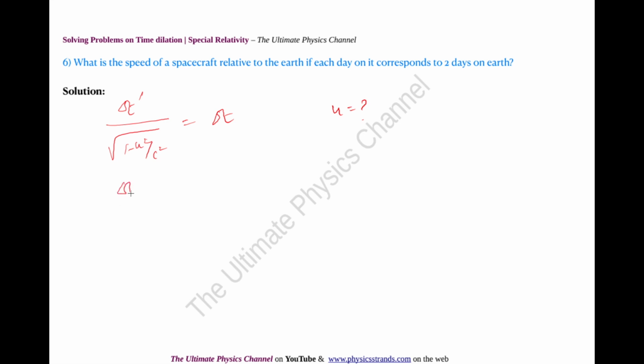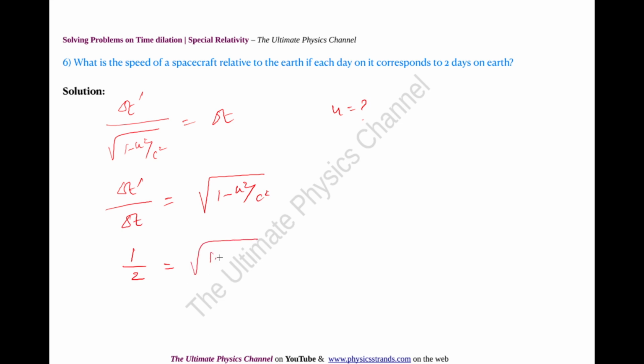The same equation can be rewritten as del t prime over del t is equal to square root of 1 minus u squared over c squared. In this case, the ratio is 1:2, so this particular term on the left hand side is 1/2, because 1 day on the spacecraft is equal to 2 days on the Earth.